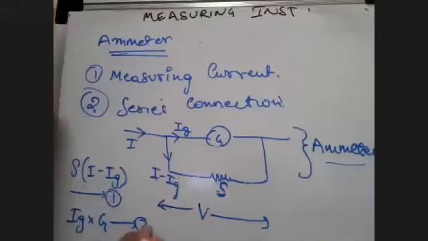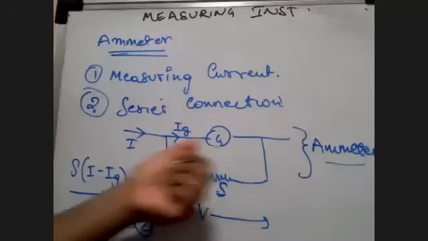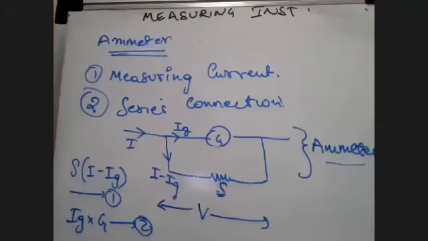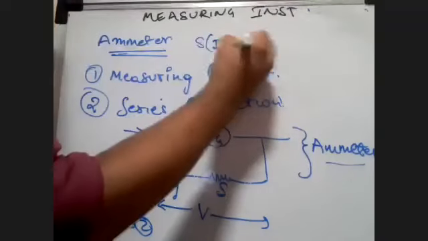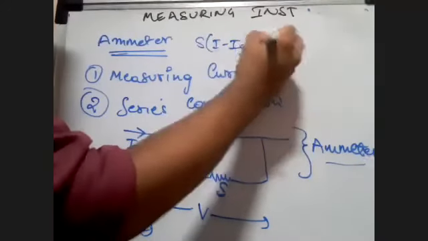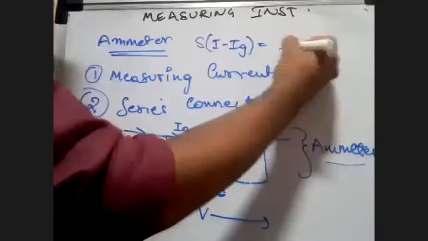But we learned something: in a parallel combination, the potential in both the branches is going to be the same. So can we equate 1 and 2? Please do it. So what will you get? S(I minus Ig) equals Ig into G.